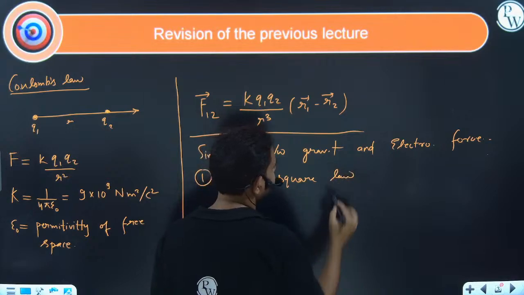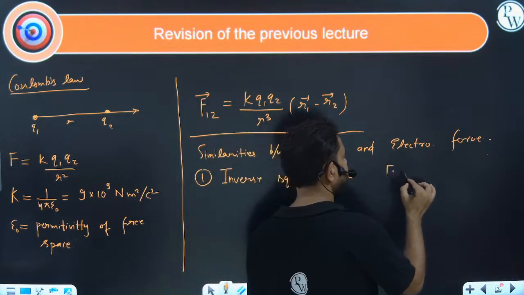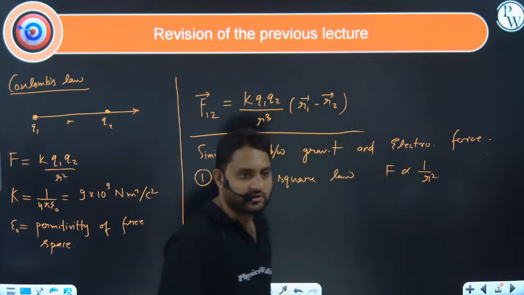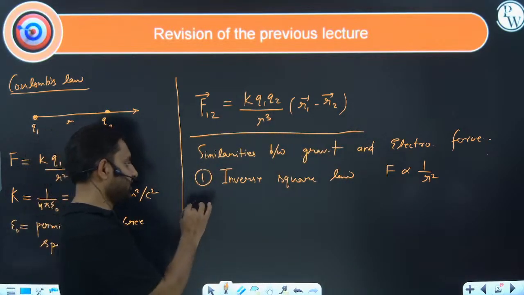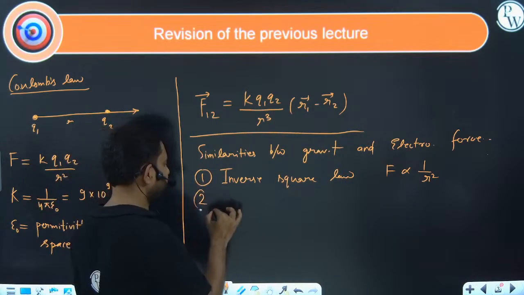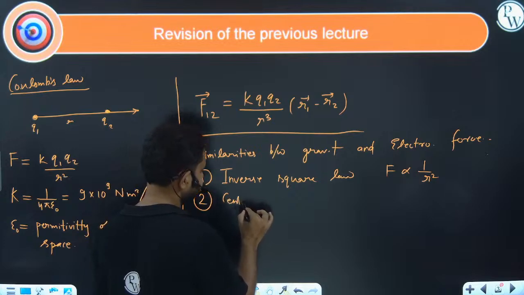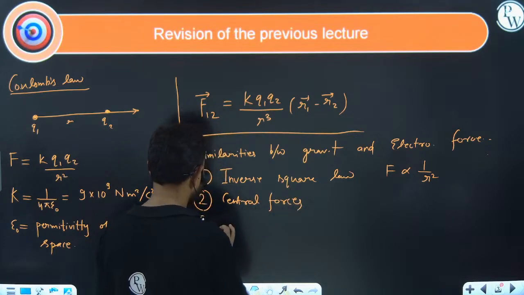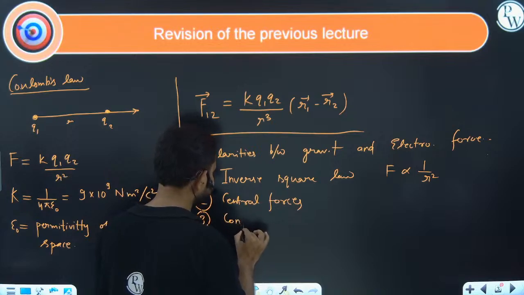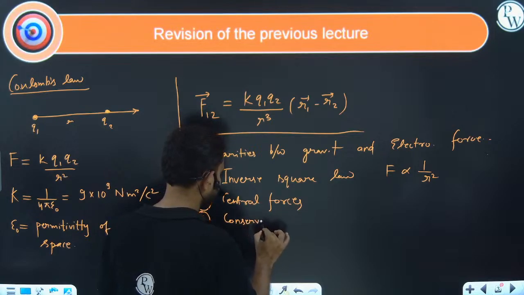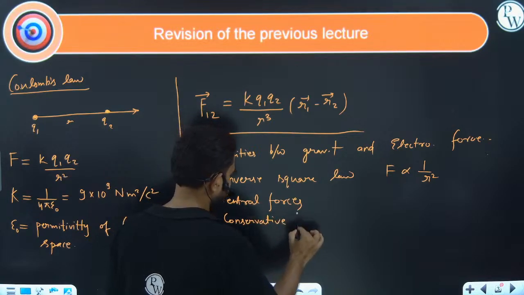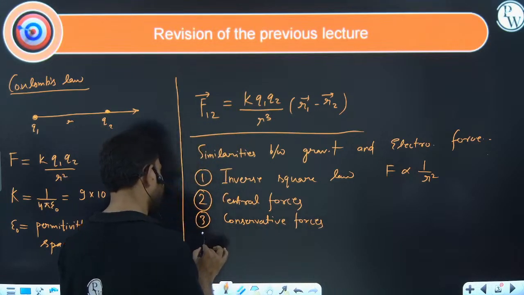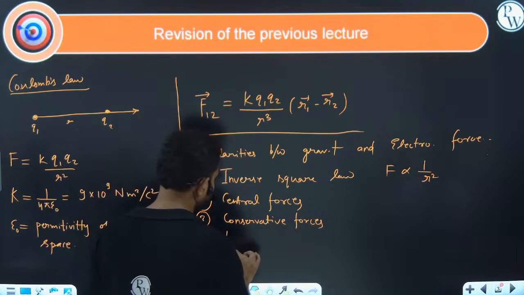What is the inverse square law? F is directly proportional to 1 upon R square. Second, both are central forces. Both are conservative forces, and both are long range forces. Very good.